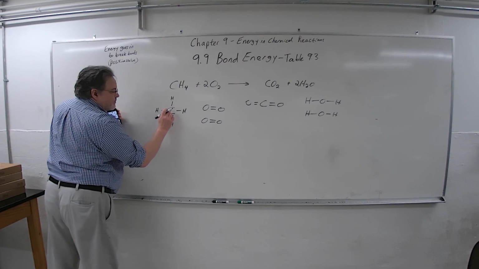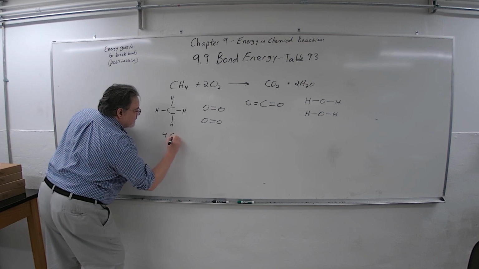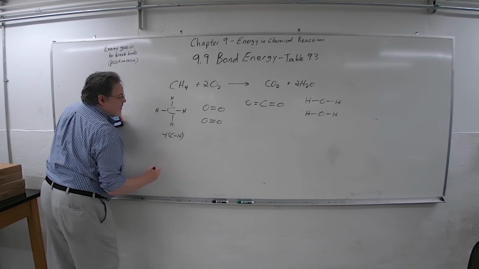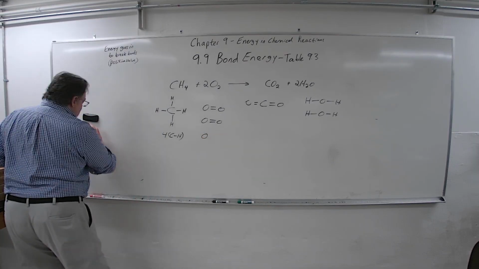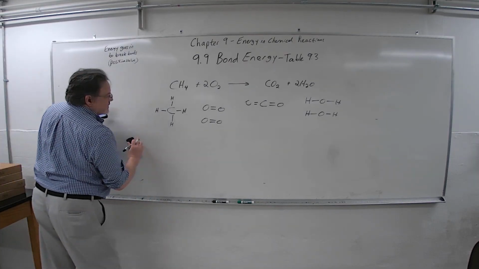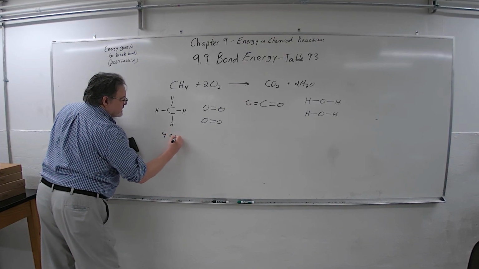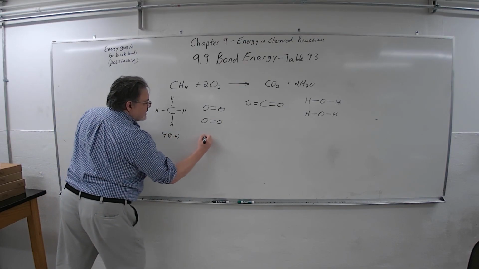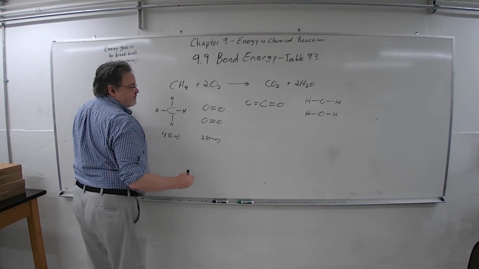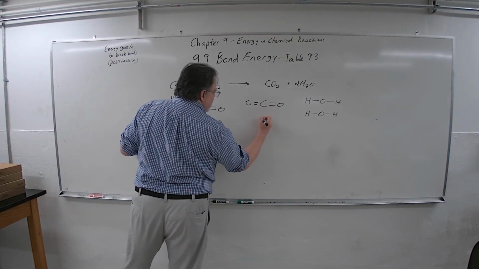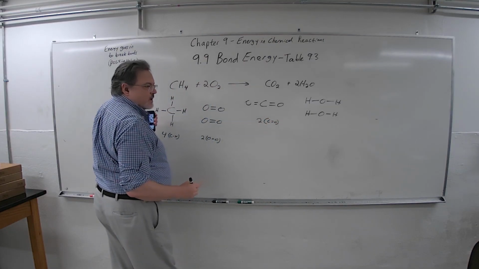So what I've got here is a C to H single bond. I've got 4 of them, so I've got 4 C to H bonds, and here I have 2 oxygen to oxygen double bonds, and then forming over here is 2 carbon to oxygen double bonds.